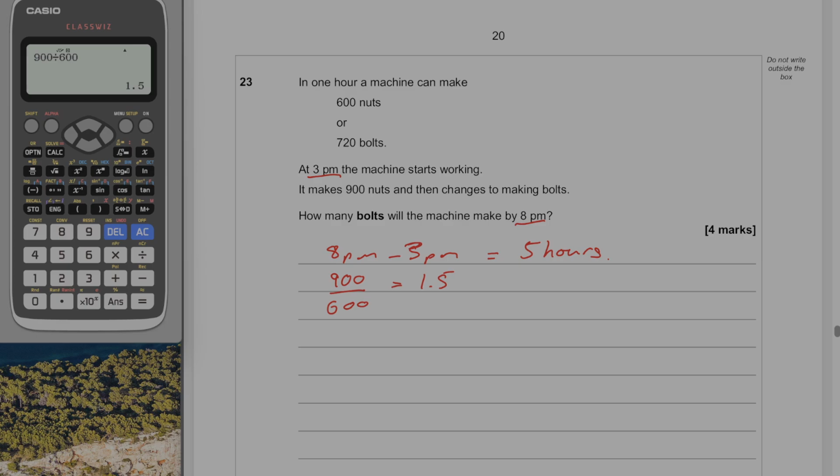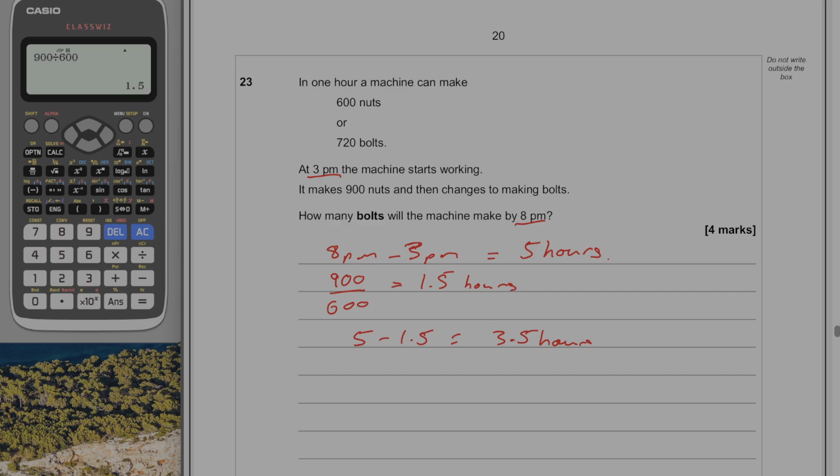So we've got a remaining 3.5 hours. So 5 minus 1.5 is going to be equal to 3.5. So we've got 3.5 hours left.